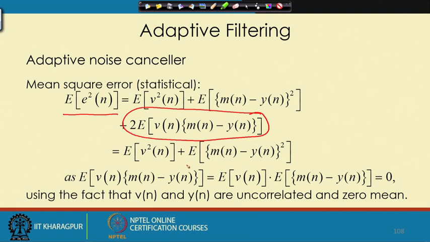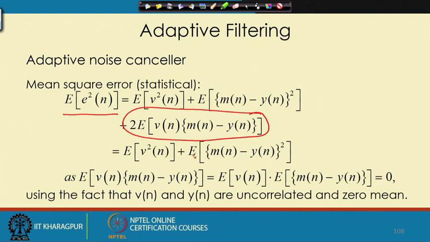Now, for this cross term, V n is uncorrelated with m n, and because y n is correlated with m n, V n is also uncorrelated with y n.